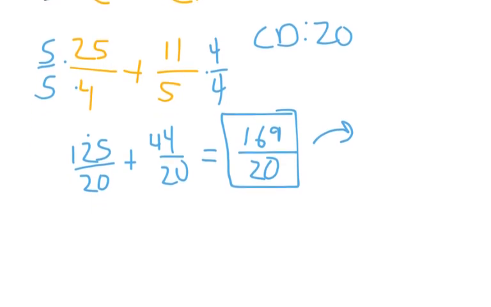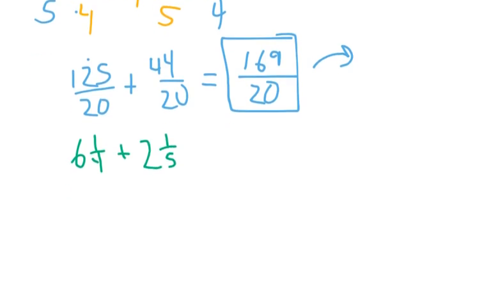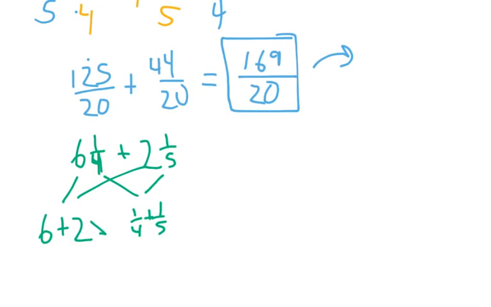So let me rewrite my problem. 6 1/4 plus 2 1/5. So we're going to do the same problem, but now we're going to do it where we work with it separately. So we're going to take our two whole numbers, 6 plus 2, and then we'll take our two fractions, 1/4 plus 1/5, and we know that we're going to marry them back together when we're done.